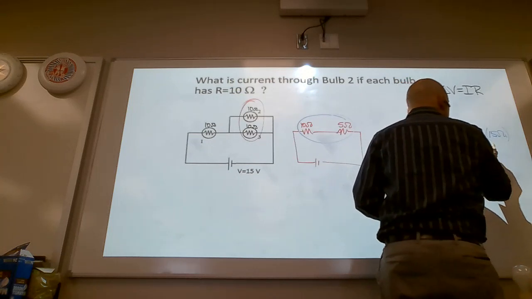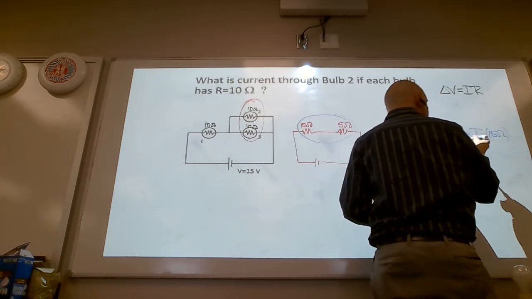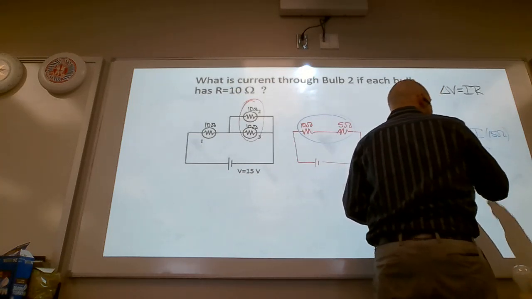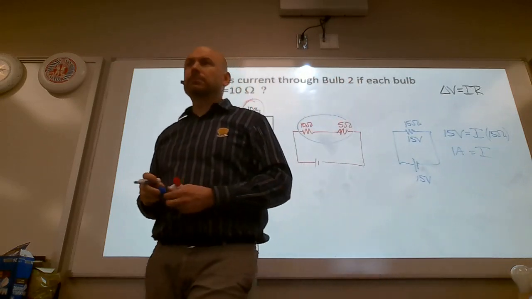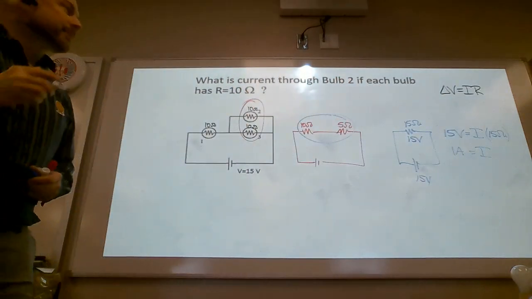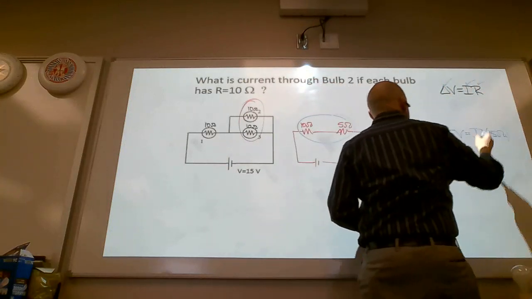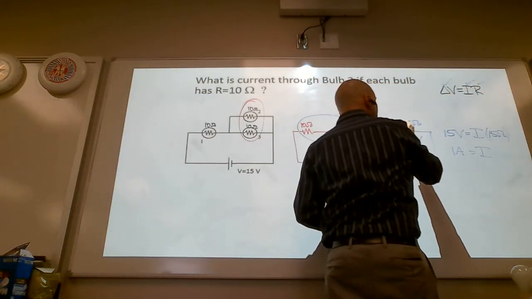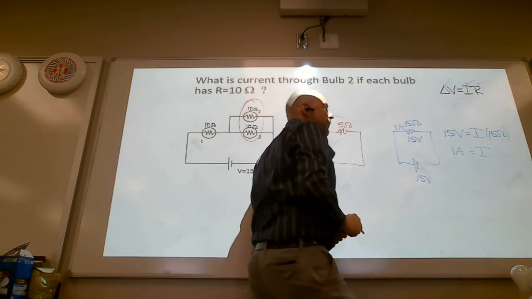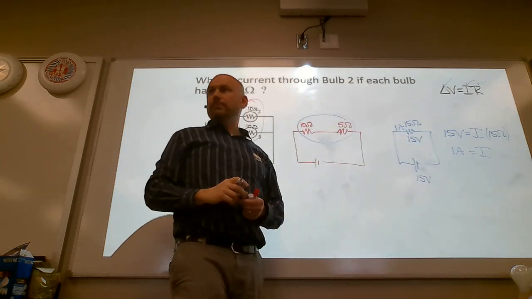So the current, I made this problem so I didn't have to use a calculator as I'm going through it, is 1 amp. Okay, so now I know all three measurements for that one resistor.